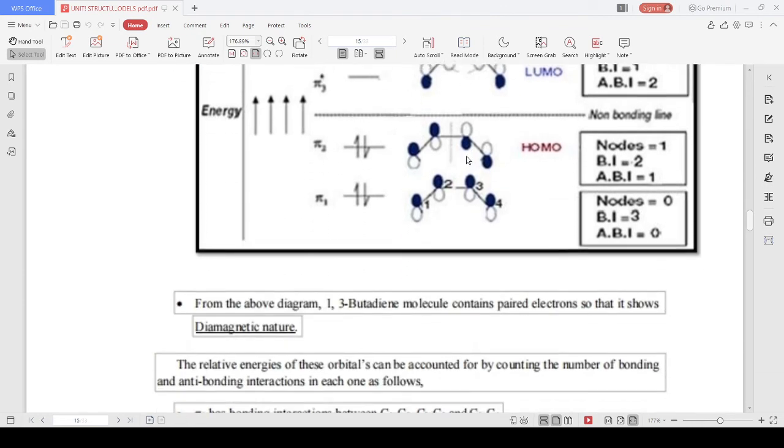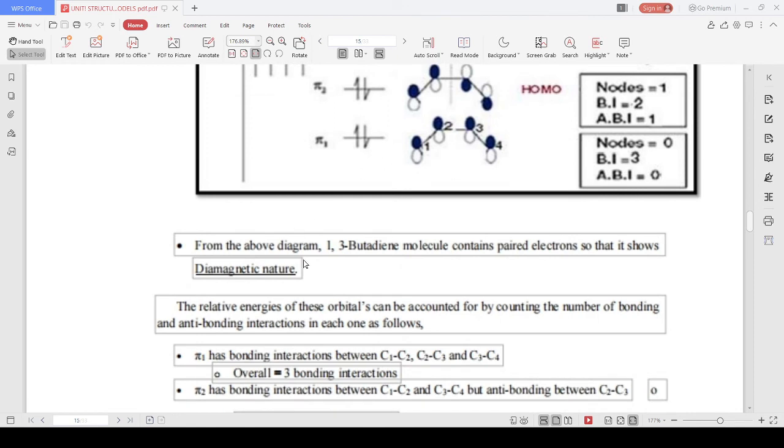So it's very important. From the above diagram, the 1,3-butadiene molecule contains paired electrons, so it shows diamagnetic nature.